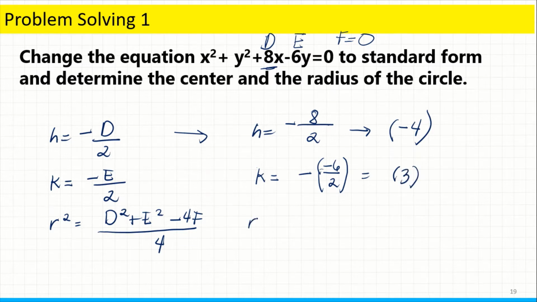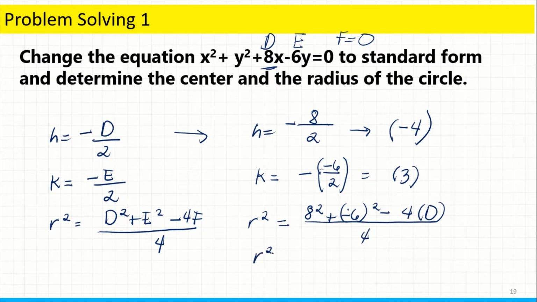And then for r squared, to get the radius, we have D squared. D is 8, so 8 squared plus negative 6 squared minus 4 times F. F is 0, all over 4.